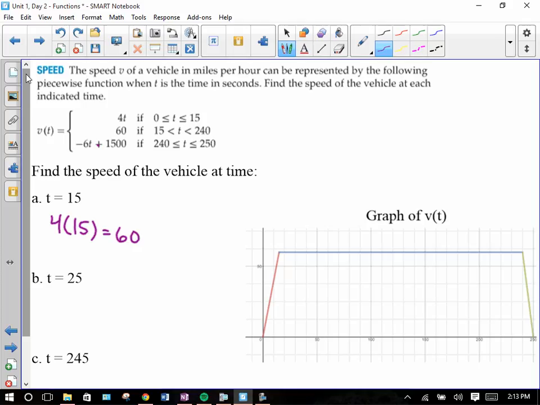So, jokes on everyone. But you don't use the second one. Like Jericho said, the reason you use the first one is because t equals 15, and that first equation says t is greater than or equal to 0 but less than or equal to 15.